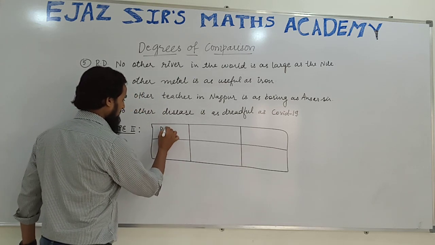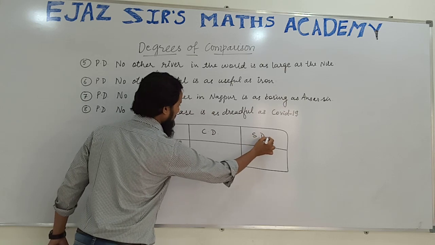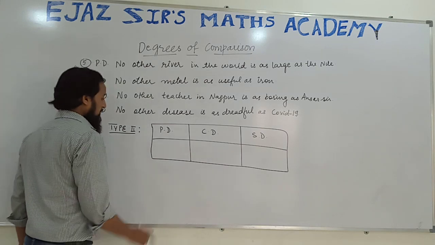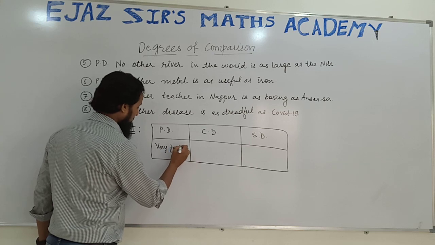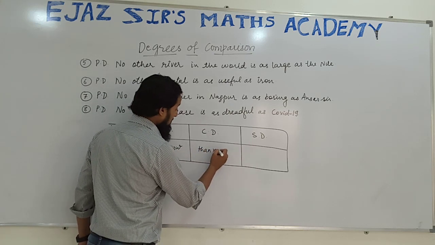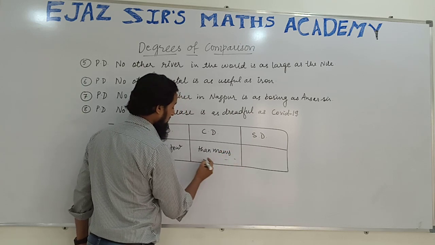It's positive degree, here it is comparative degree, and the next is superlative degree. Positive, comparative and superlative degree. So in positive degree, here it will be very few. Here it will be than many other. Don't forget, it's not any other, it's many other.